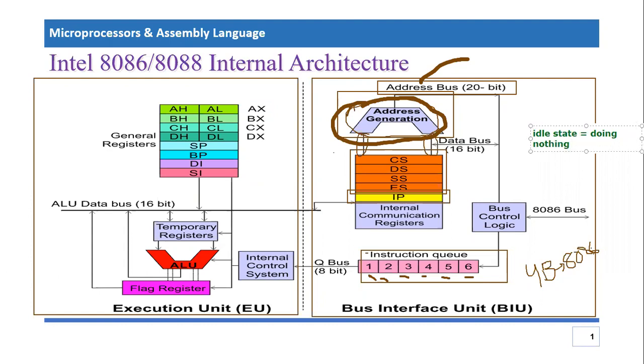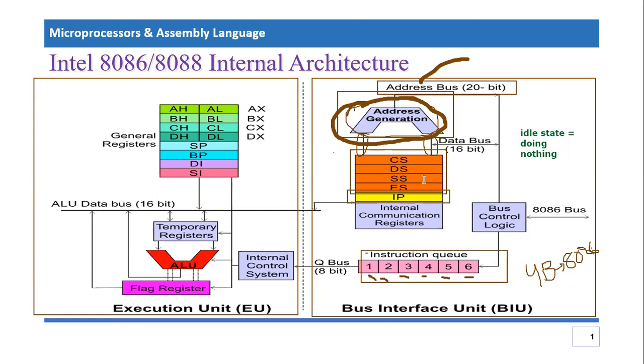When I say processor, I mean the bus interface unit. So when the instruction queue is full and the execution unit is working on some instruction, the bus interface unit cannot fetch further information, so it won't do anything. That period of time is known as the idle state.